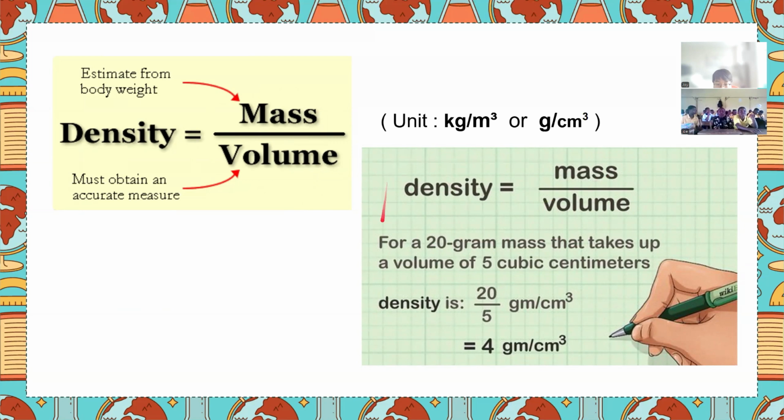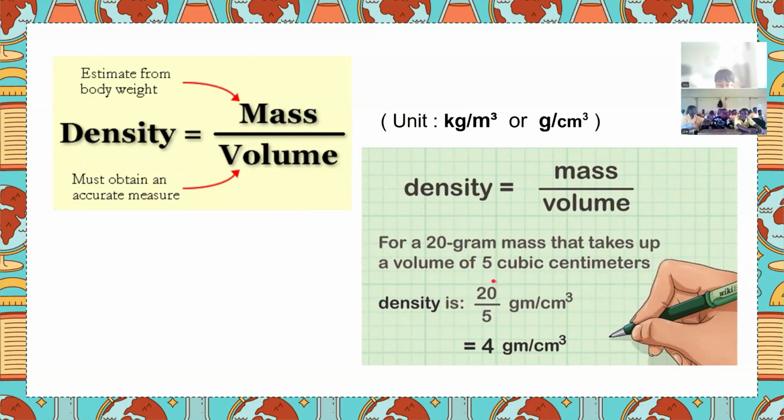So let's have an example here, a really quick example. In this picture, you can see a 20-gram mass that takes up a volume of 5 cubic centimeters. The density is, well, the mass is 20 grams, and the volume is 5 cubic centimeters.